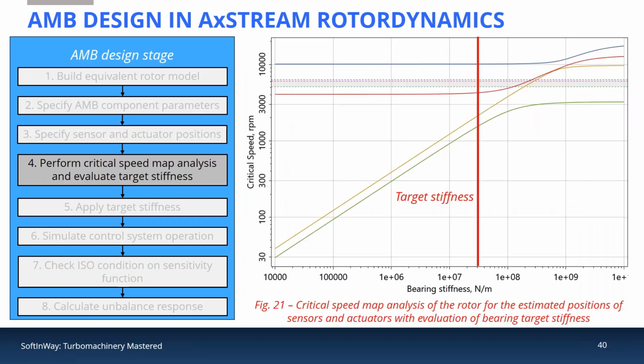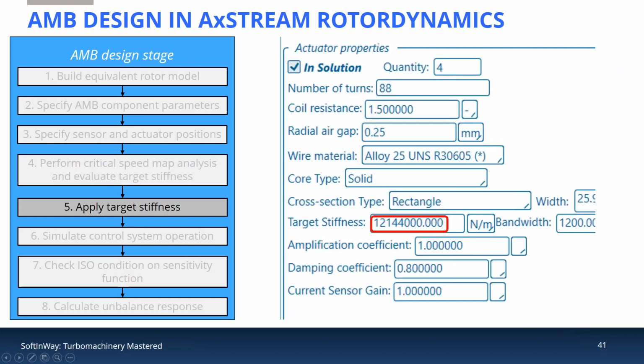After that, we need to perform critical speed map analysis and define the reference target stiffness. This reference target stiffness is then applied to the actuator properties. This is not the actual stiffness of the active magnetic bearing.